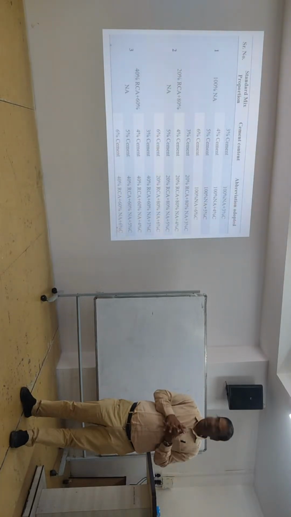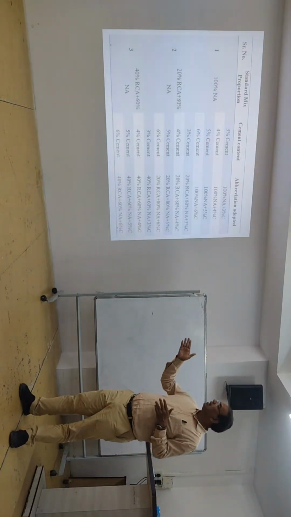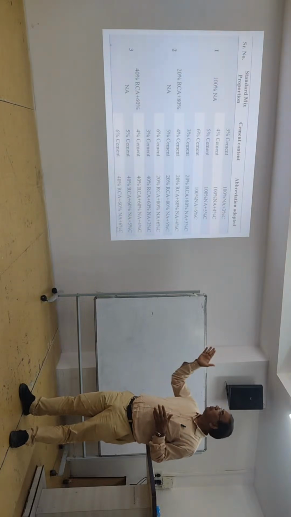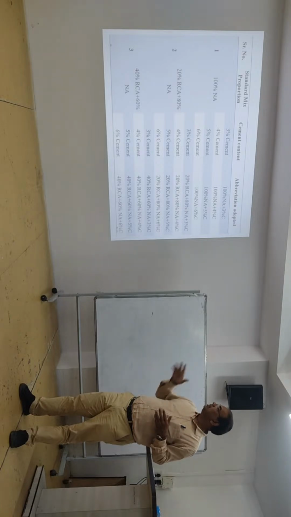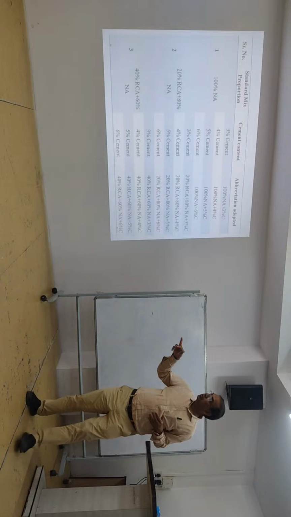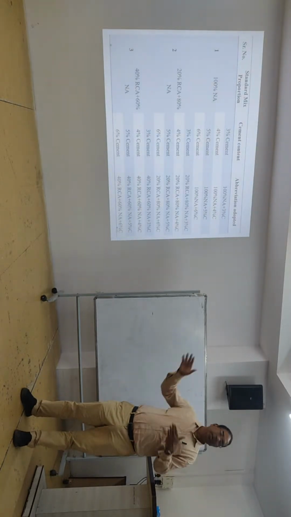We are also trying 60% recycled aggregate and 40% natural aggregate. In India we are taking 20%, but we will use up to 40%.